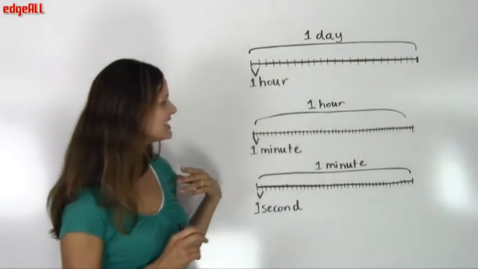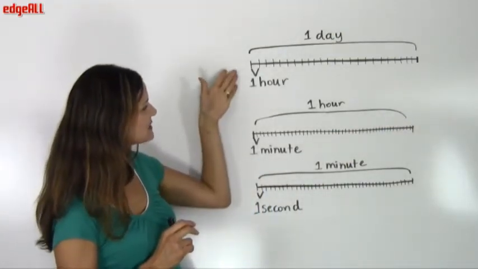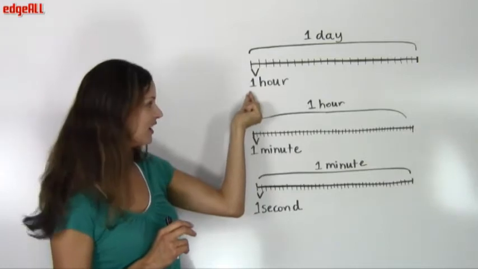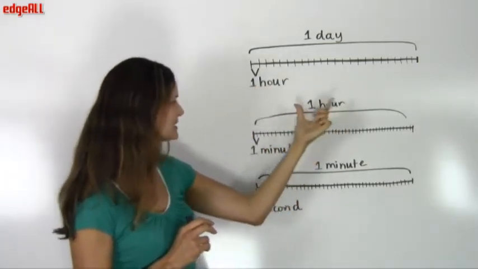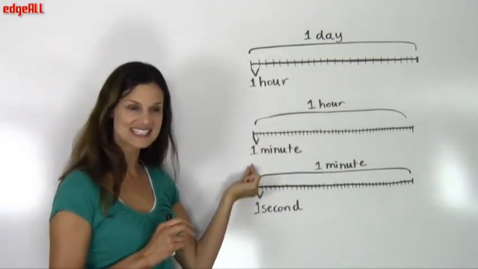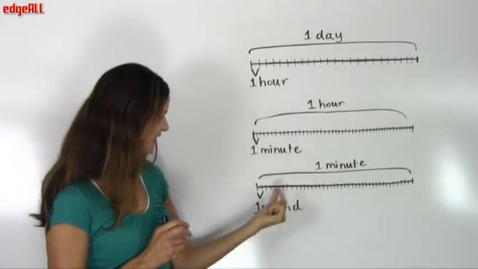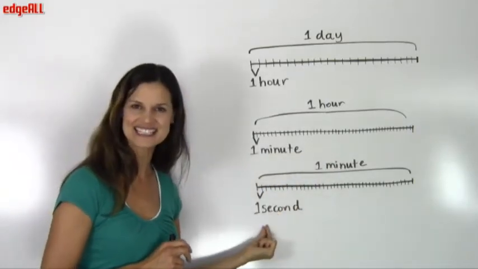And so you can see that a day is bigger than 1 hour, and an hour is bigger than 1 minute, and a minute is bigger than 1 second.